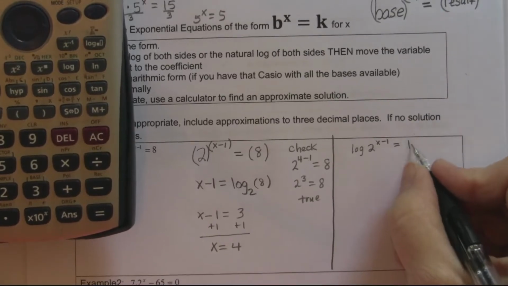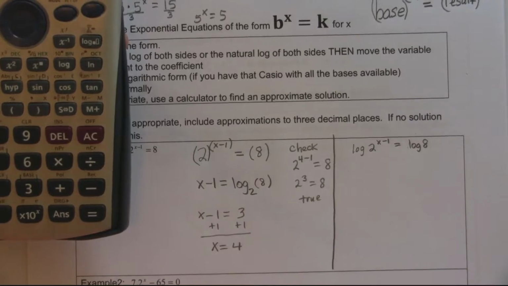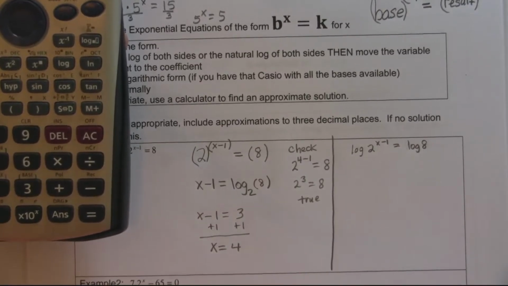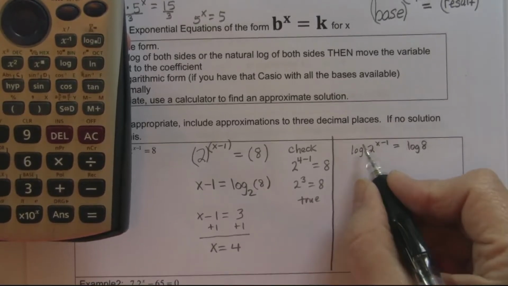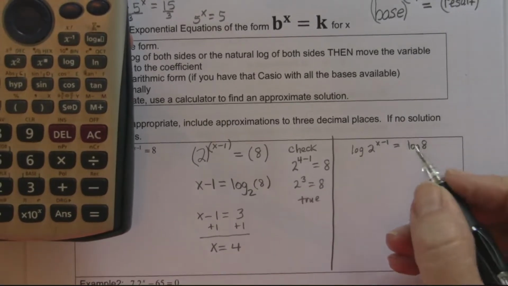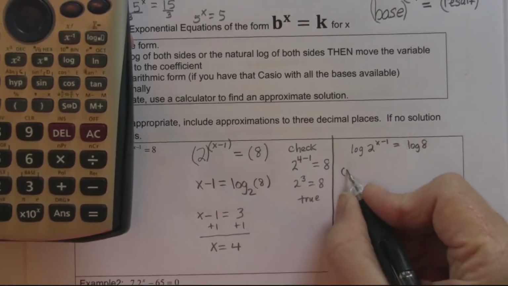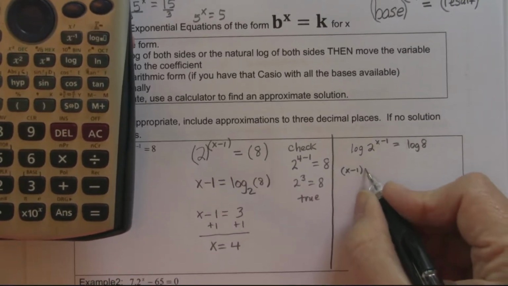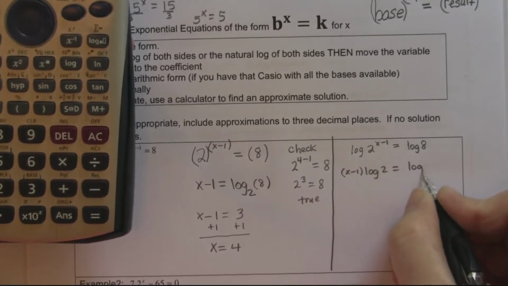The reason you do that is that the property that allows you to move the exponent out in front is what I'm going to use. That was one of my properties of logarithms. So this is x minus 1 multiplied by log base 2 equals log of 8.